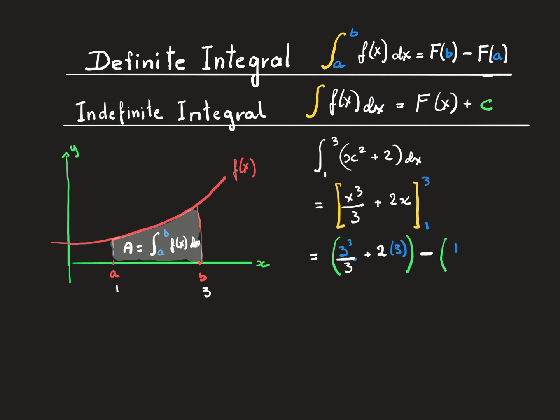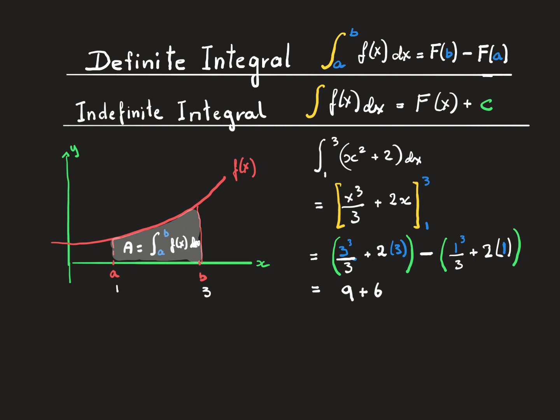So this will just become 1 cubed divided by 3 plus 2 times 1, and finish off with a bracket. The next step is just calculating all this. Whichever way you do it, 3 cubed over 3 is just going to be 9, and then 2 times 3 is 6.